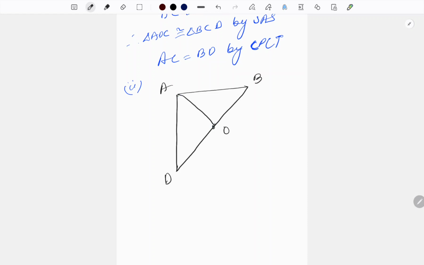Now, if I take triangle ABO and ADO, AB is equal to AD because sides of a square are equal. Okay, and AO is common.